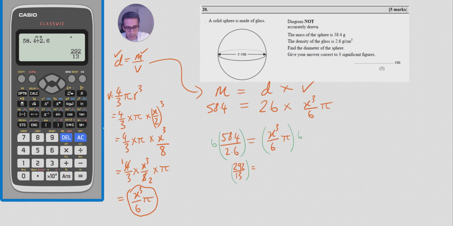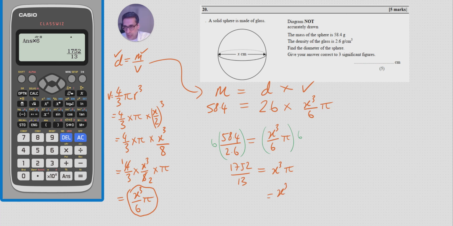And that then becomes, you can do it on a calculator, answer times 6 equals 1752 over 13. So let's write that here, 1752 over 13, is equal to x cubed times pi. Now we're going to divide by pi to give us x cubed is equal to this fraction divided by pi.